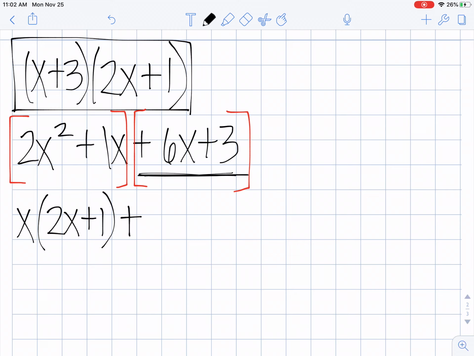What is their GCF? 6x and 3. They both have a 3 in common, a positive 3 in fact. So if I take out a positive 3, 3 times how much is 6x? 3 times 2x. And 3 times how much is 3? 1.